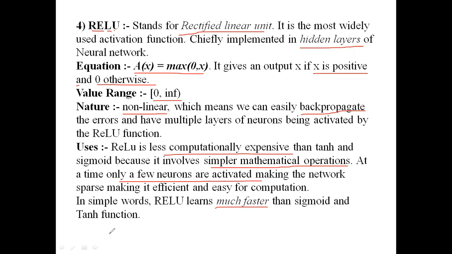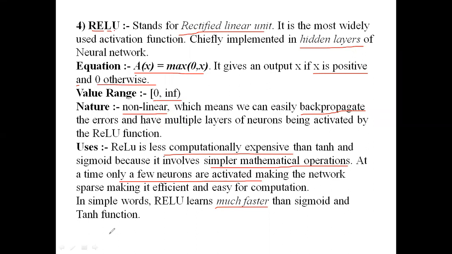Until now we have discussed three: linear function, sigmoid function, and tan function. If you leave the first one and compare to the second and third, this function is very easy, faster, and efficient. So many advantages are there for this activation function.